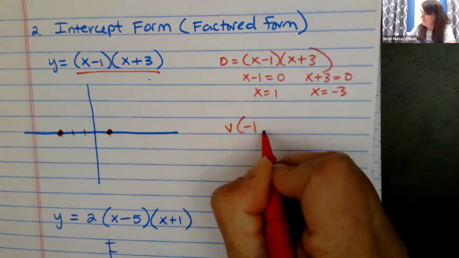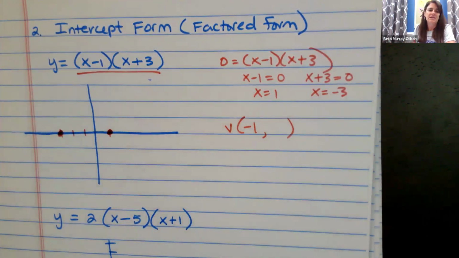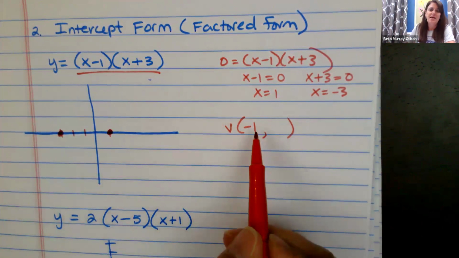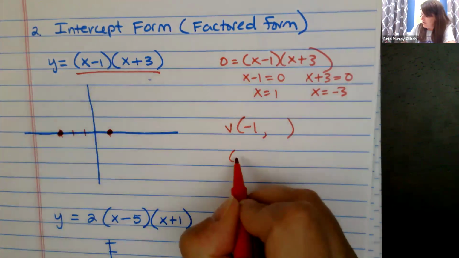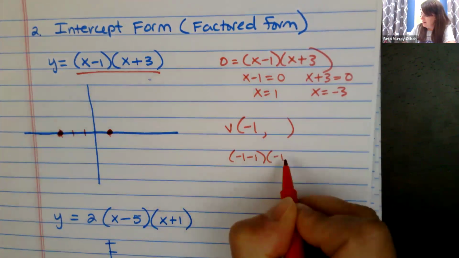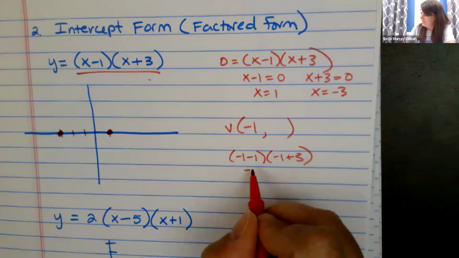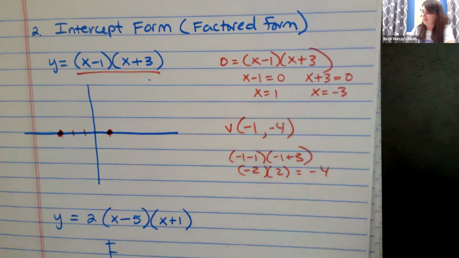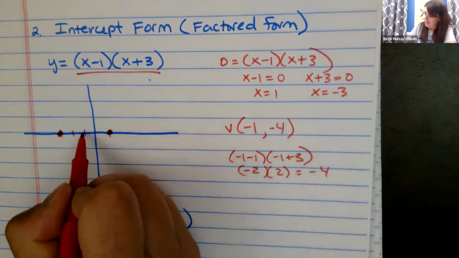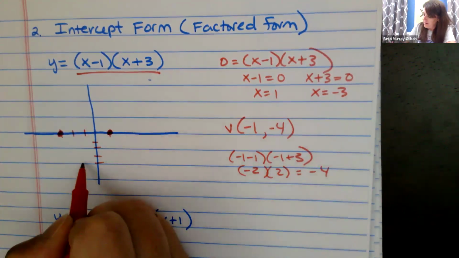So I know my vertex is -1 something. So I'm just going to take that -1 and plug it in here. So -1 minus 1, -1 plus 3 gives me -2 times 2, which is -4. So my vertex must be -1, -4.